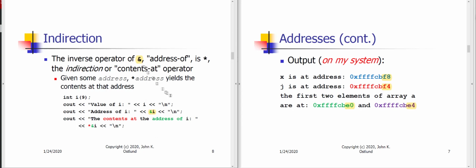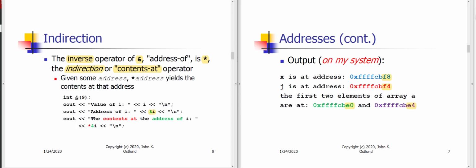Ampersand is what we're calling the address-of operator, and the inverse of ampersand in C++ notation is star, used as a unary operator, not star like multiplication. Star is called the indirection, or informally the contents-at operator. So if you have an address, you can obtain the contents at that address by sticking a star in front.